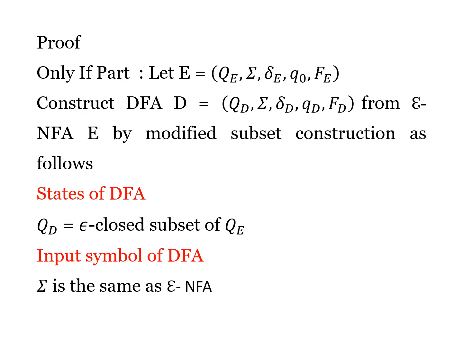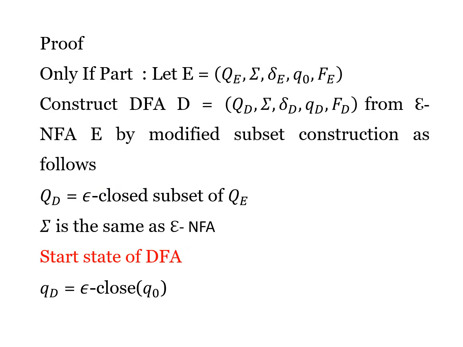And with respect to the input symbol, this is the same as that of the epsilon NFA. With respect to the start state of DFA, you obtain it from the start state of NFA, but here you have to take the epsilon closure of the start state of epsilon NFA.